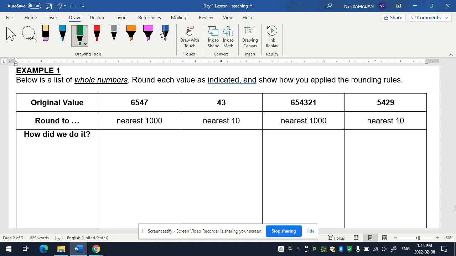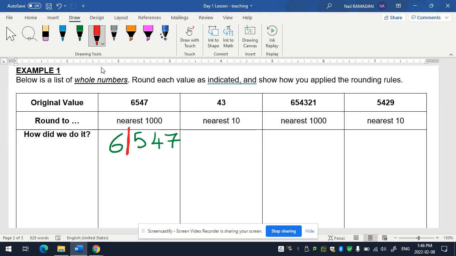Got it. So the first thing we're going to do is this. Go ahead, write with me. So 6,547. I'm going to choose a different color for my line. It's red, and it's right here. Okay. Got the line done. What's the second step? I look at the digit after the line.